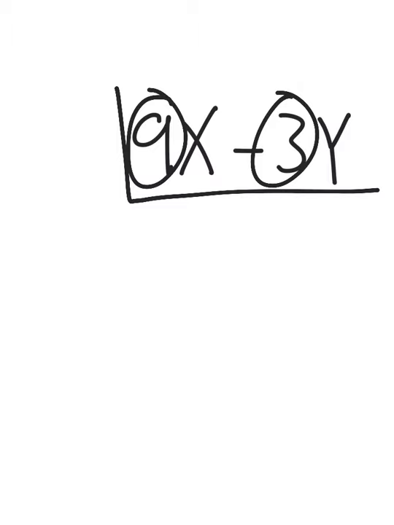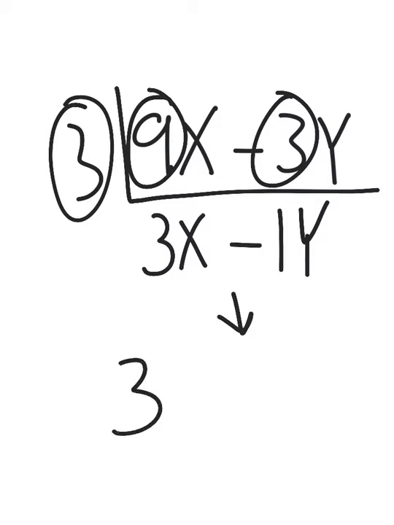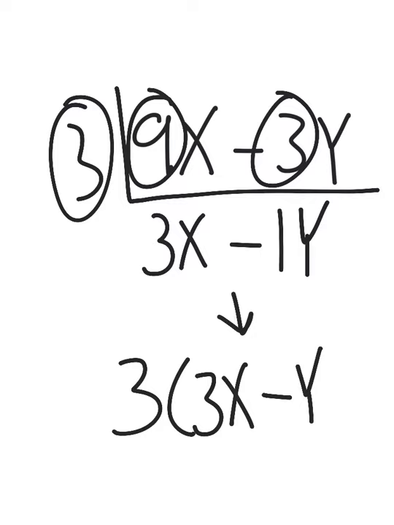And that multiple is 3. 3 goes into 9x 3 times. 3 goes into 3y 1 time. So I'm going to bring it on down, take the greatest common factor, pull it on the outside, 3x minus y. And that's it.